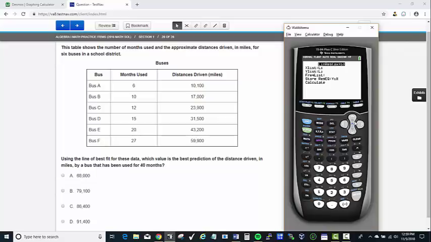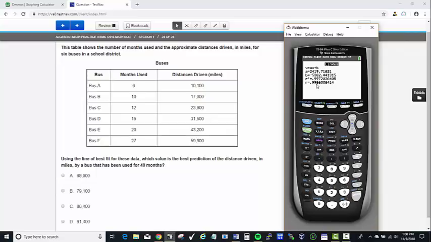So now, if I hit calculate here, enter, calculate this bad boy. So now what it's saying is the line of best fit is 2,419.71x minus 5,362.44.